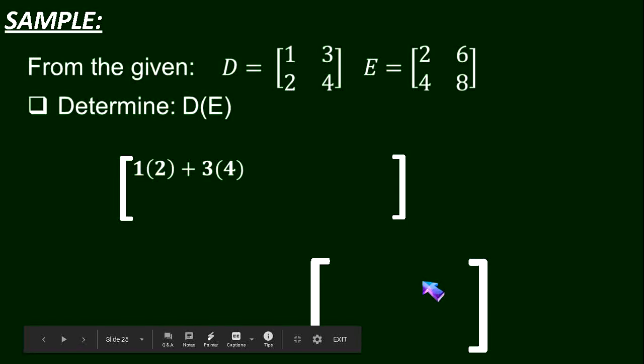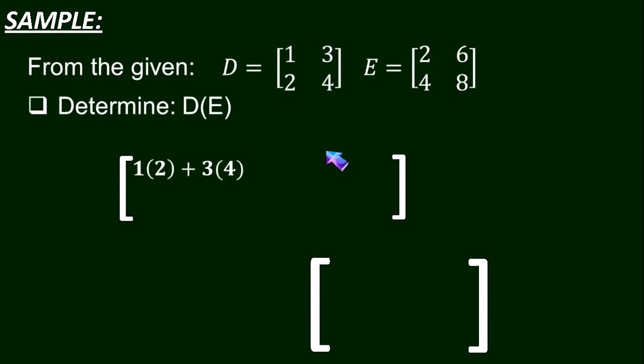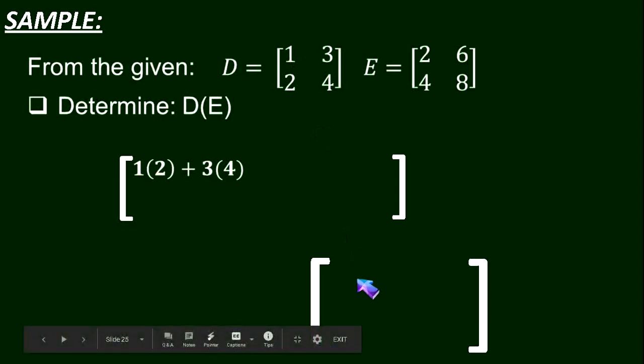So, let's take our first entry. Yung first entry natin, you have to multiply yung element sa first row of the first column. So, we take the first row of the first column.